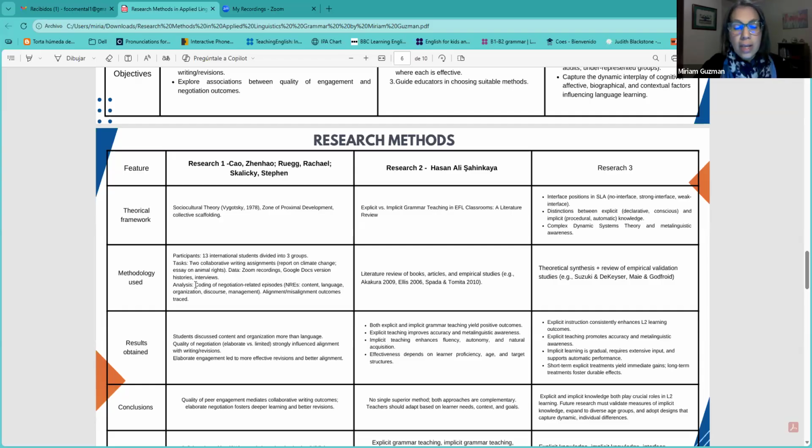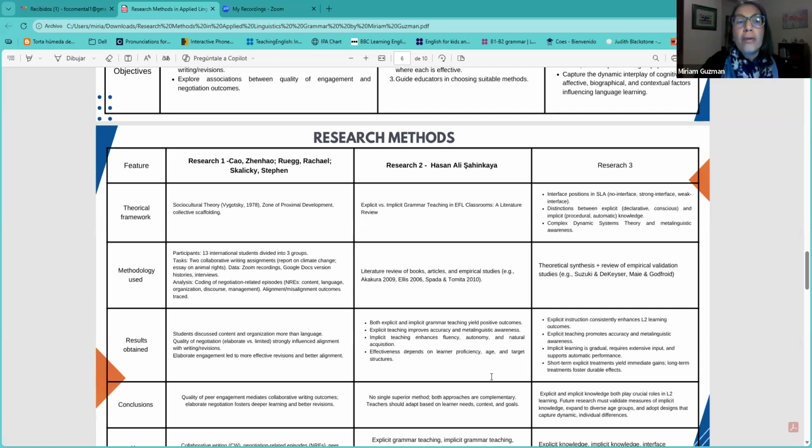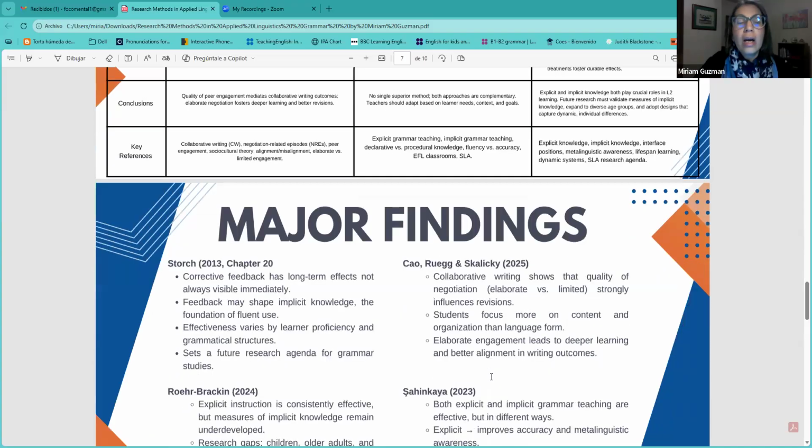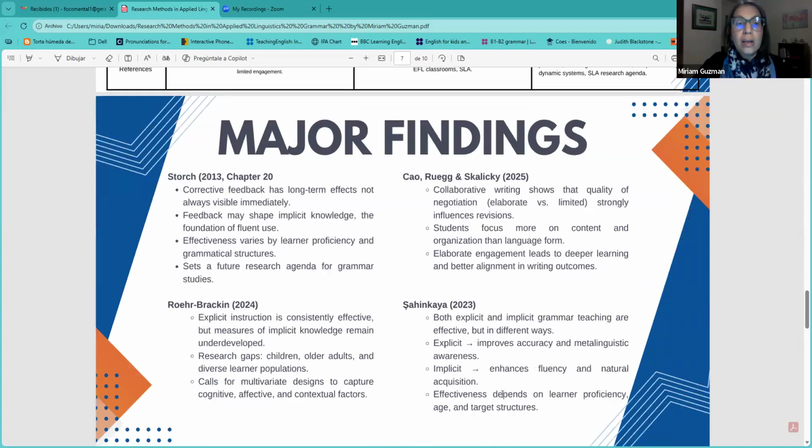Taken together, these studies demonstrate how different methodologies, empirical classroom research, literature reviews, and theoretical agendas, contribute complementary insights into grammatical learning. From these three studies, several key findings emerge.